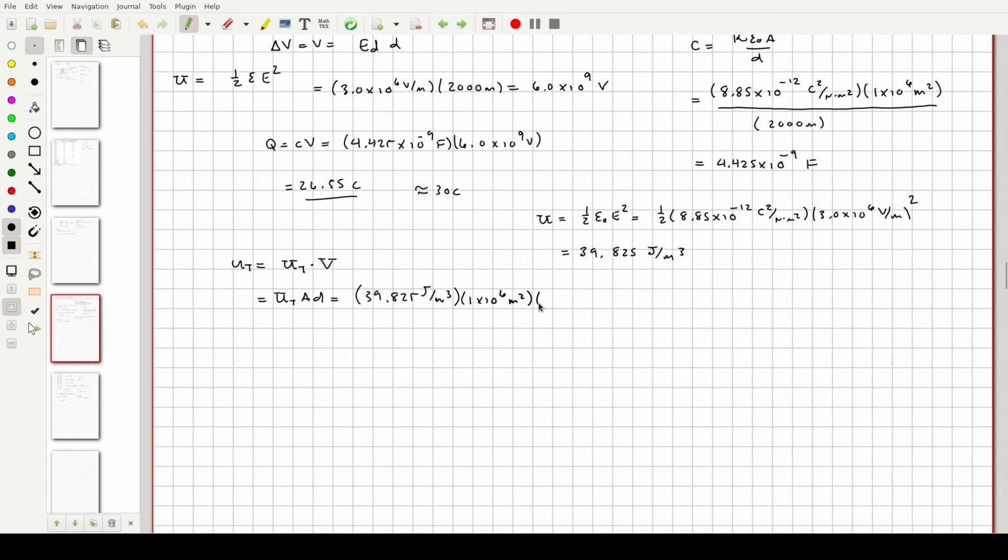The distance between the plates, 2,000 meters. So when I do this, 7.965 times 10 to the 10th joules, or about 8 times 10 to the 10th joules, which is a lot of energy that's sitting there in that electric field.